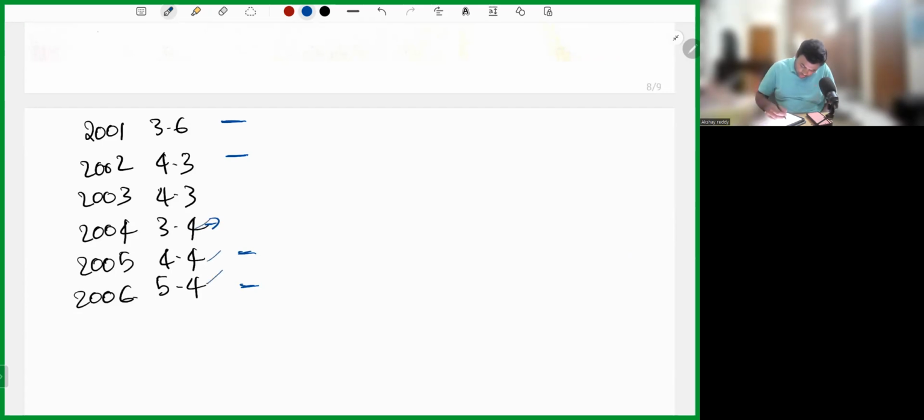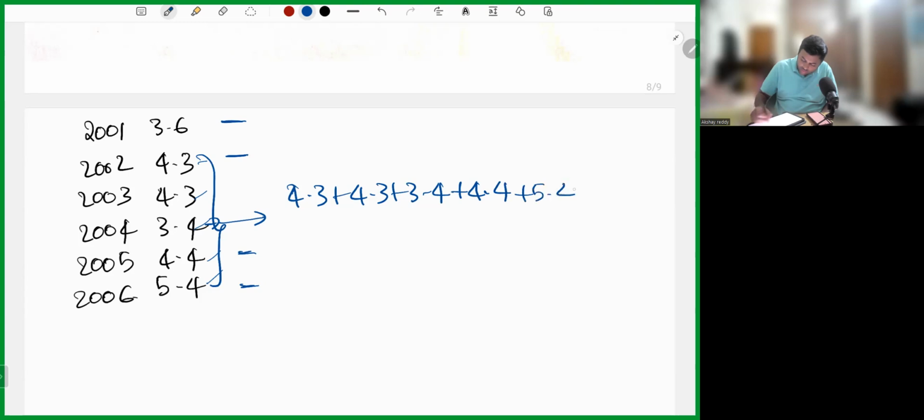So 1, 2, 3, 4, 5. Let me take the average of these 5 years. If you skip first and second, we can calculate the average only for 2003 and 2004. I guess that's the reason he asked 2004. So 4.3 plus 4.3 plus 3.4 plus 4.4 plus 5.4, whole divided by 5.